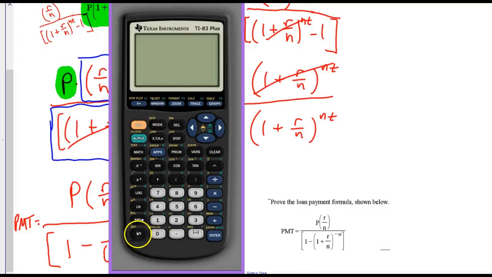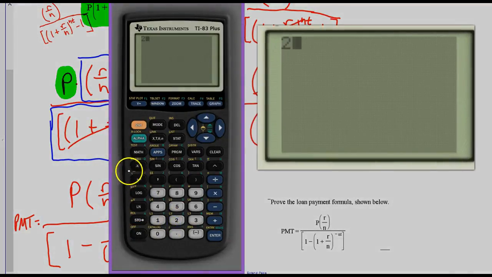So for instance, 2 raised to the power of negative 3 is the same thing as 1 divided by 2 raised to the positive 3. A negative power basically means reciprocal.